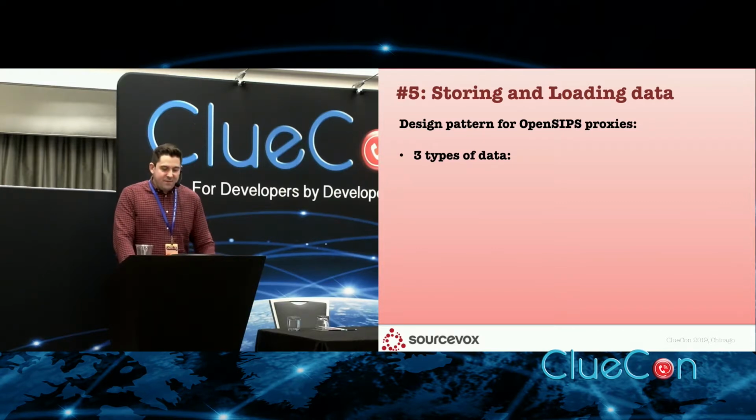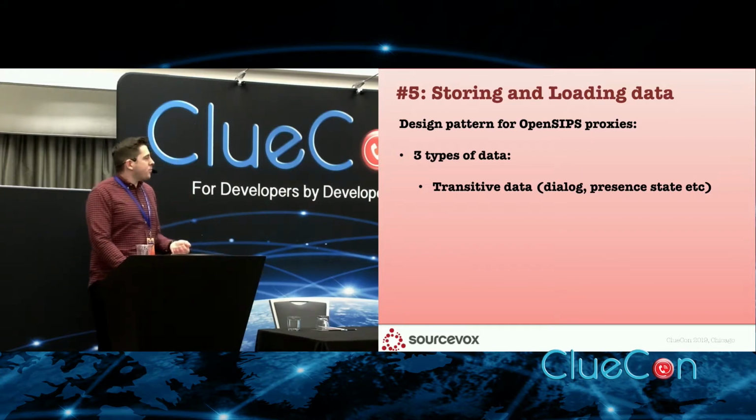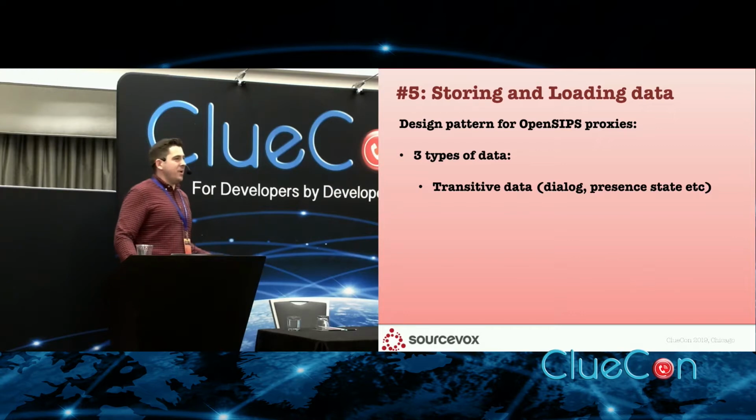Okay, number 5, we've come across, as we've been doing this over the years, what we kind of loosely describe as 3 design patterns for the data that we have in OpenSIPS. We have what we call transitive data, which is dialogue, presence, state information that's kind of important during a call, but then once the call's finished, we don't really care about it.